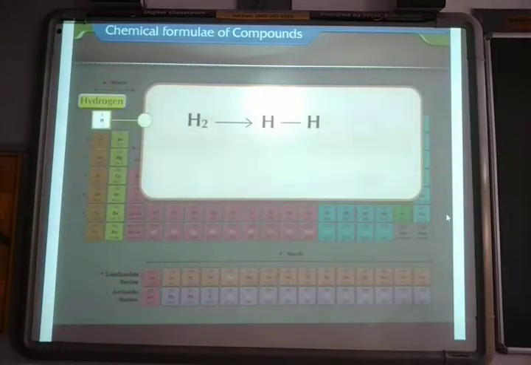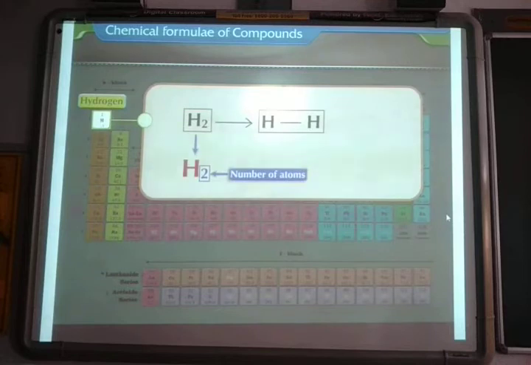A molecule of hydrogen gas is made of 2 atoms of hydrogen. We can thus say that the chemical formula of an element is represented by writing the symbol of the element with the subscript written near the symbol. This subscript indicates the number of atoms present in one molecule of that element.